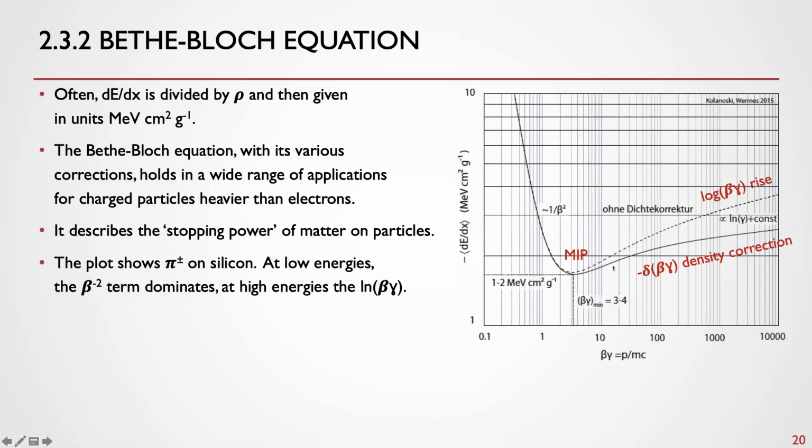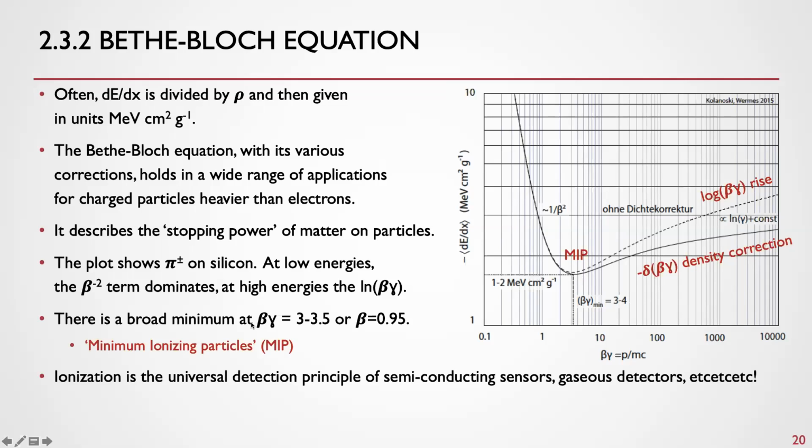The minimum is achieved at the beta gamma value of between 3 and 4, because beta is roughly 1 at these values. It's actually the gamma factor. To make it more concrete, if you invert this, the minimum is at beta equals 95% of the speed of light. These particles are called minimum ionizing particles.